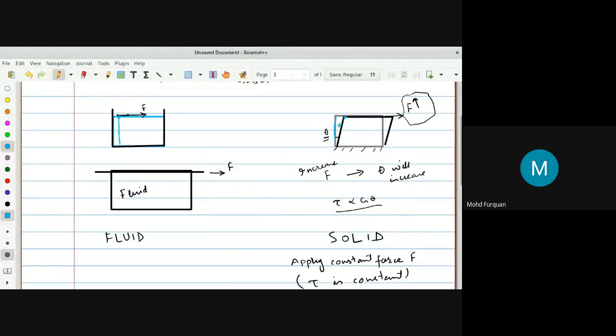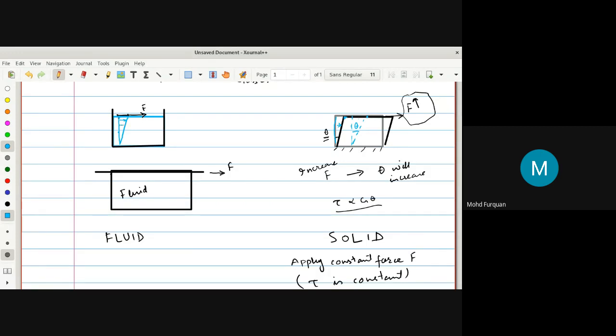Similarly, if you had this line initially, it would deform to this line by the same angle theta. If you draw a line on the solid and apply F, that line will come to this rotated line. Similarly, in case of fluid, when you apply force F tangentially, the fluid along this line will come here, just as it did for solid.